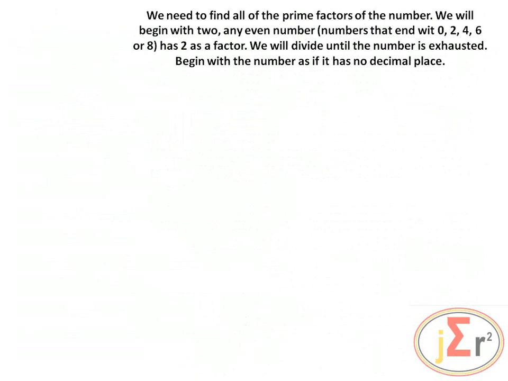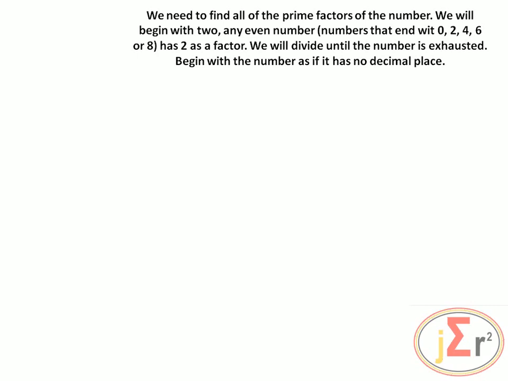We will begin with 2. Any even number has 2 as a factor, and even numbers are those that end with 0, 2, 4, 6, or 8. So any number ending with those digits will be a multiple of 2, or an even number, and it will have 2 as a factor.